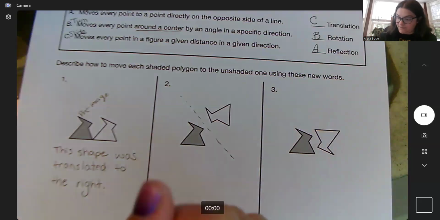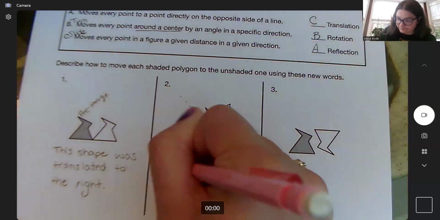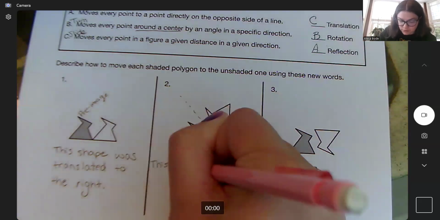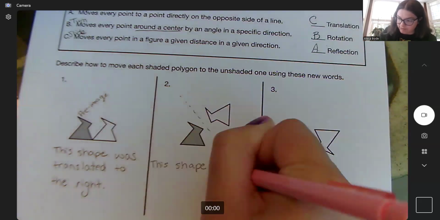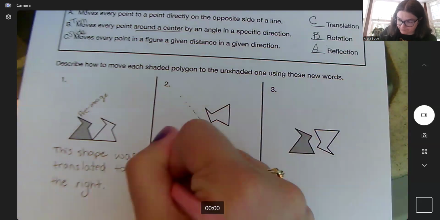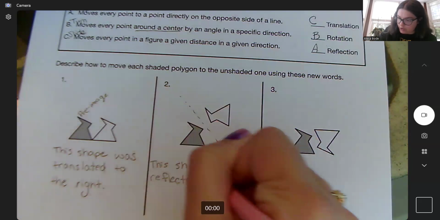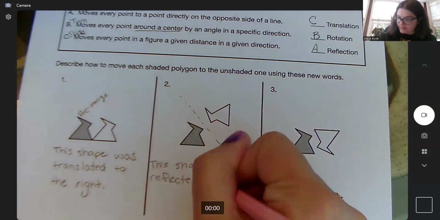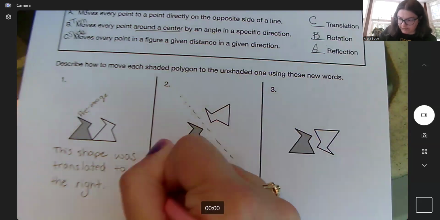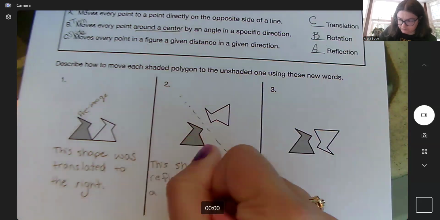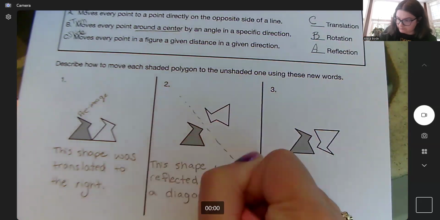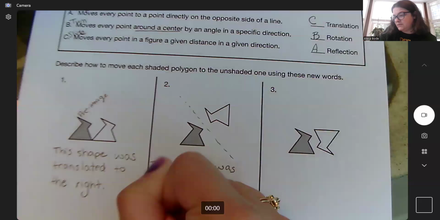So this shape was reflected over a diagonal line between both shapes.